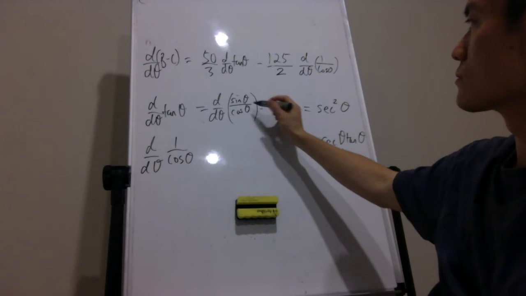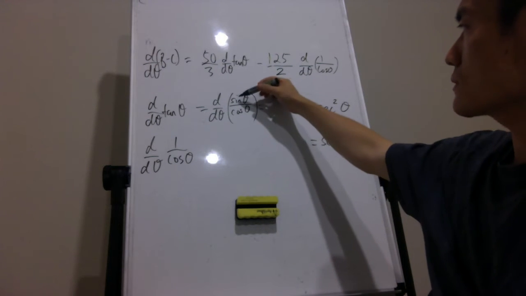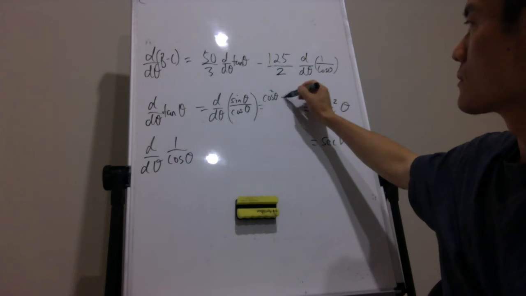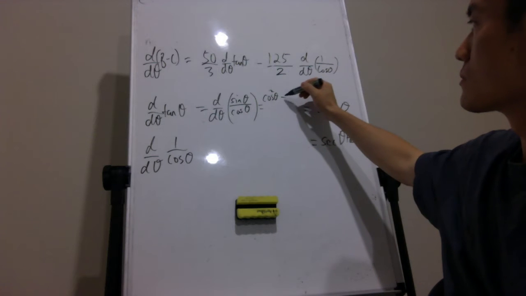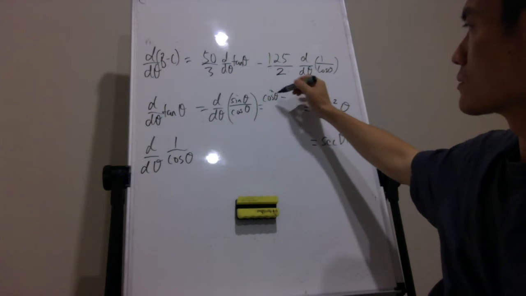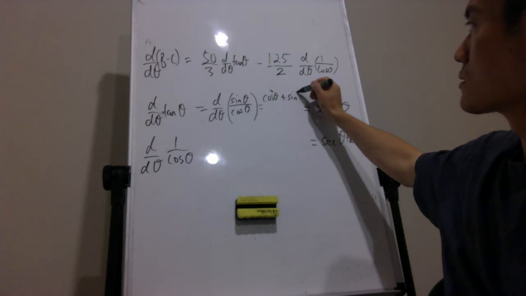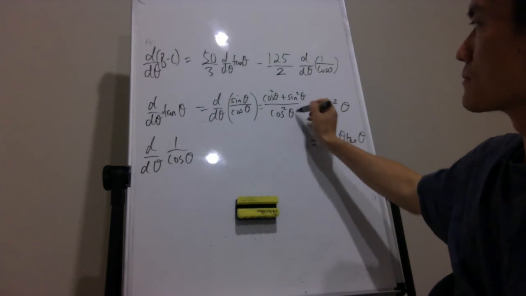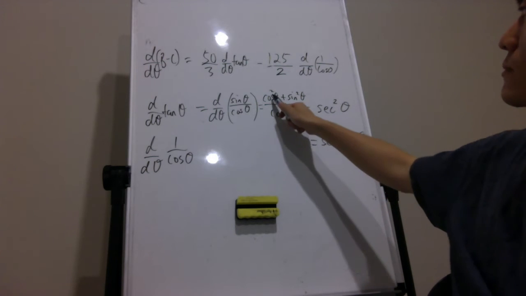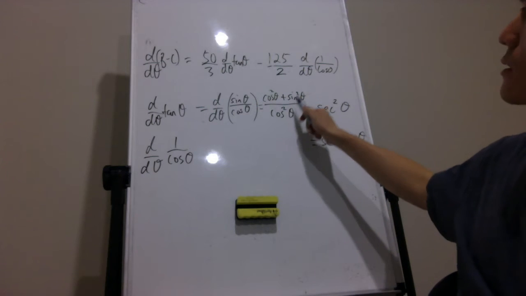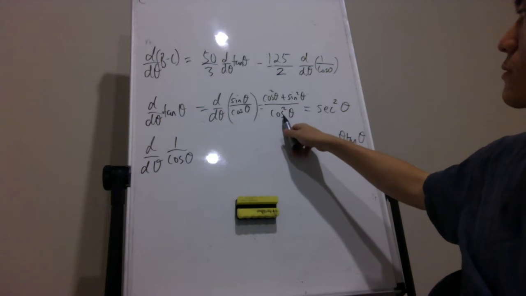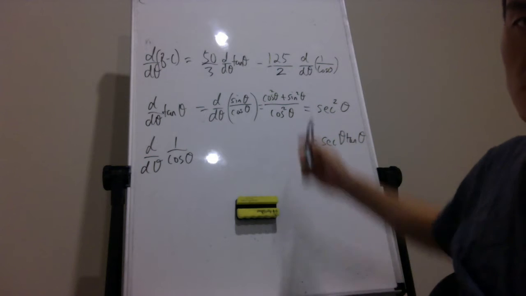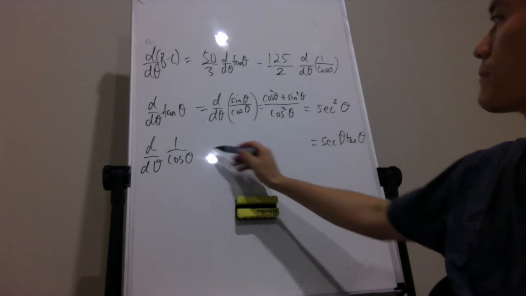The quotient rule: we differentiate the top times the bottom, minus the derivative of the bottom times the top, so there'll be two minus signs, and then over the bottom squared. Can you see that that plus that is equal to 1? And therefore 1 over cosine squared is sec squared by definition. Sec is 1 over cosine, so that's how it ends up there.